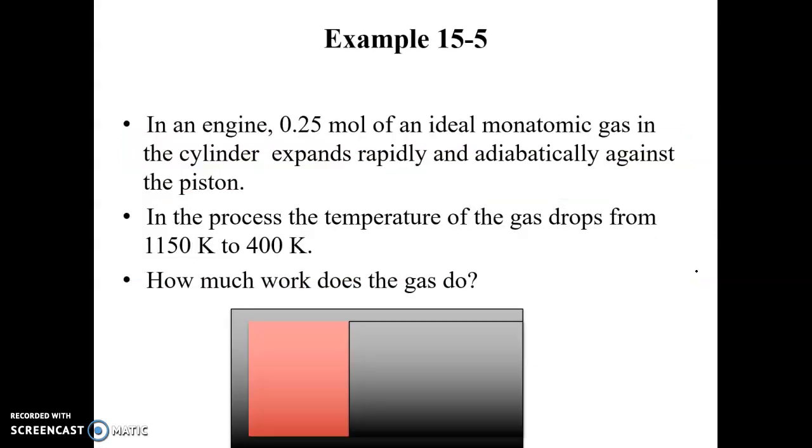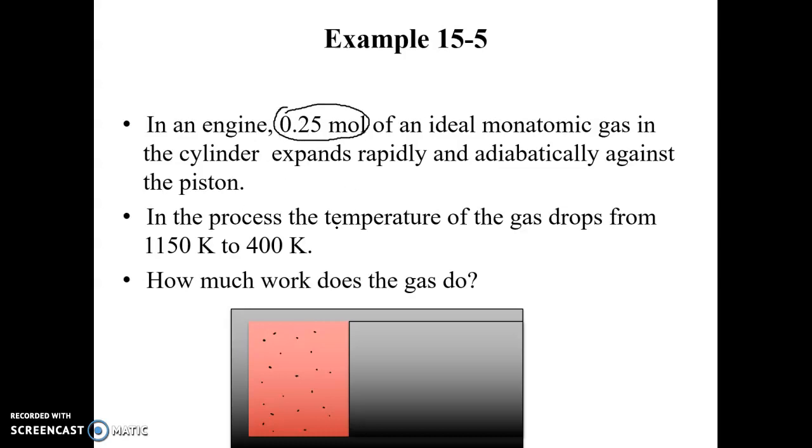Okay, we can look though at an example problem applying some of these concepts right now before we get to Carnot. So we have this engine, and inside the engine we have gas. We have 0.25 mole of an ideal monatomic gas. So that just means that we've got a whole bunch of gas molecules in here. How many molecules do we have? 0.25 moles of them.